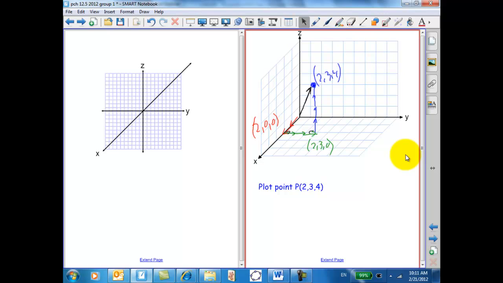Do you follow the same line, or do you just go up? You start from the origin out to the point where we stopped. We will follow the same line from 2, 3, 0 to 2, 3, 4. I went straight up in the z direction, 4 units.